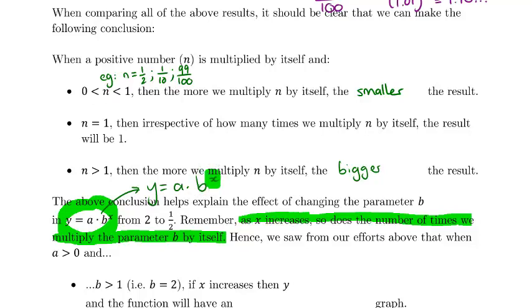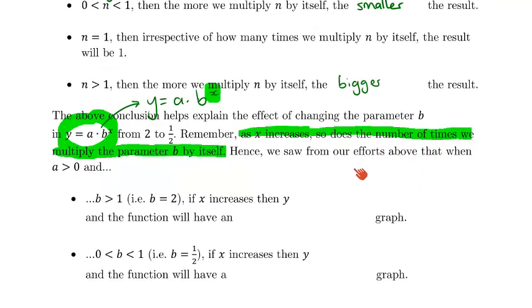Hence, we saw from our efforts above that when a is positive and b is greater than 1, for example, in our example b is equal to 2, then if x increases, y increases exponentially.